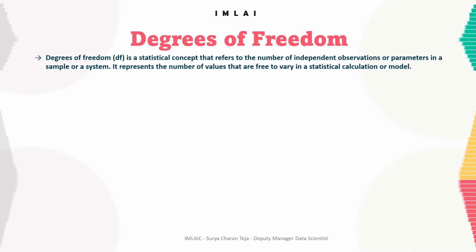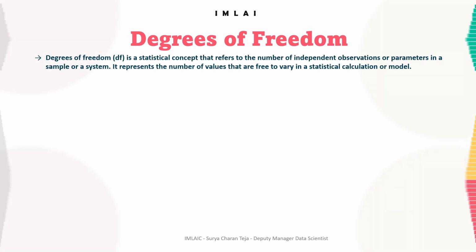The concept is applied to statistics calculated from sample data and refers to the number of values free to vary. That's what degrees of freedom is. It's nothing but the number of values free to vary. For example, if you know the mean for a sample of 10 values, there are 9 degrees of freedom.